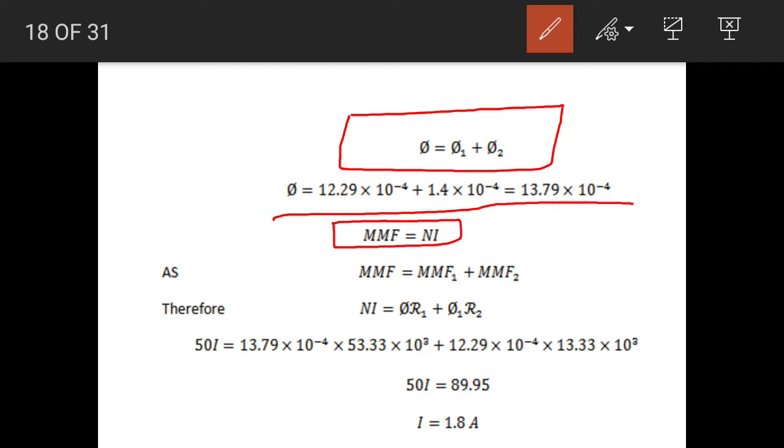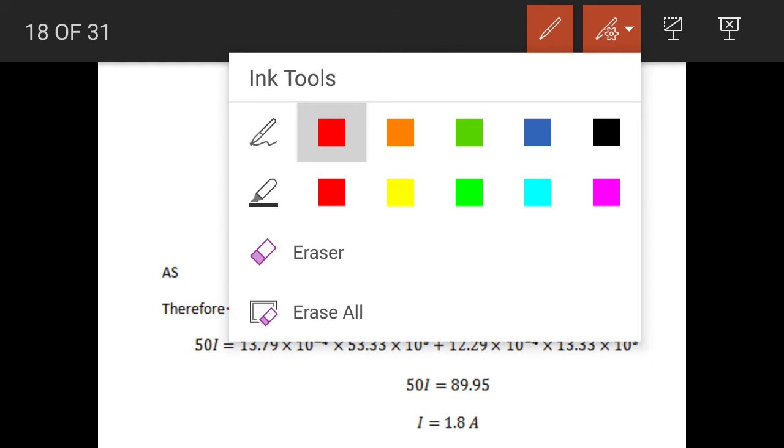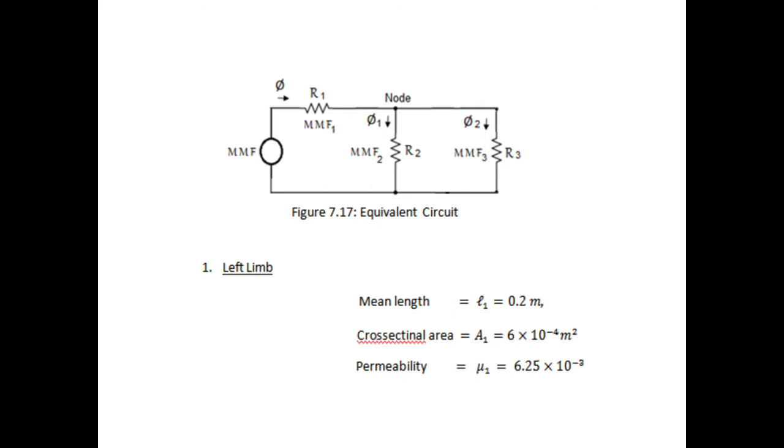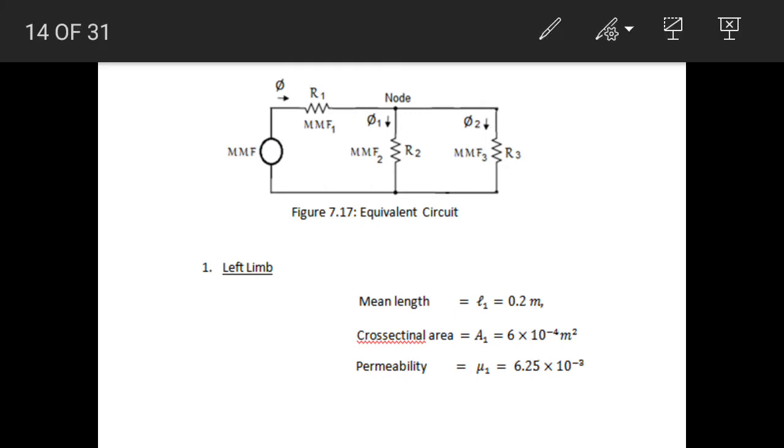So let us consider the first loop of this parallel magnetic circuit. We consider the equivalent circuit over here and we consider the first loop and we apply a law to this loop which is analogous to KVL. We know that MMF is analogous to voltage and flux is analogous to current.